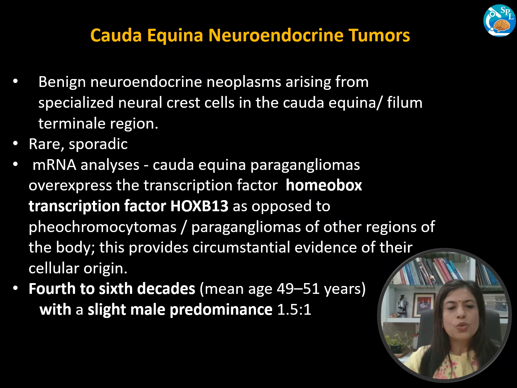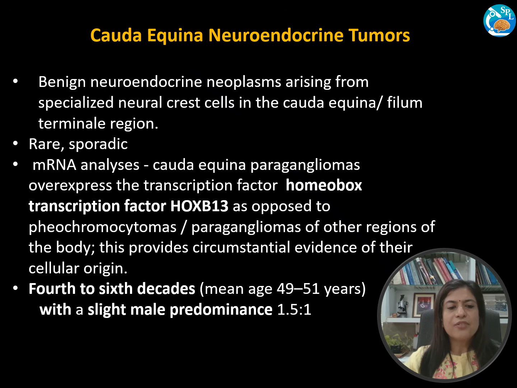Cauda equina neuroendocrine tumors are intradural extramedullary, slow-growing, benign neuroendocrine neoplasms arising from specialized neural crest cells in the region of the Cauda equina or filum terminale.